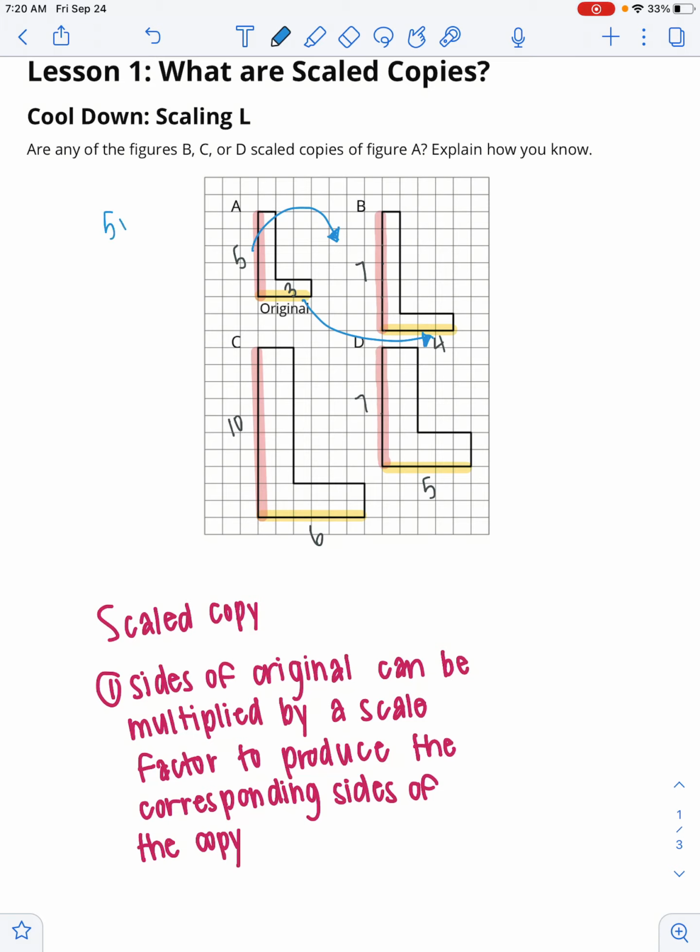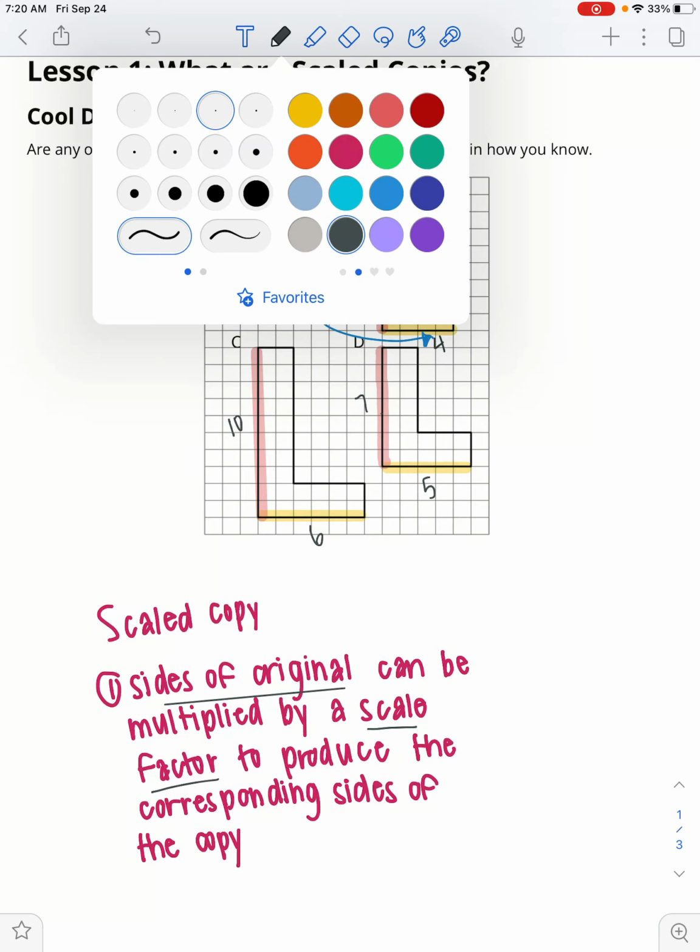If we ask ourselves, 5 times something equals 7, and 3 times something equals 4, and this blank here is the potential scale factor, right? We cannot fill that blank with the same number in both multiplication sentences. So right off the bat, we know that B is not a scale copy, because we can't multiply the sides of the original by some number, the scale factor, to produce the corresponding sides or the sides in the same place.